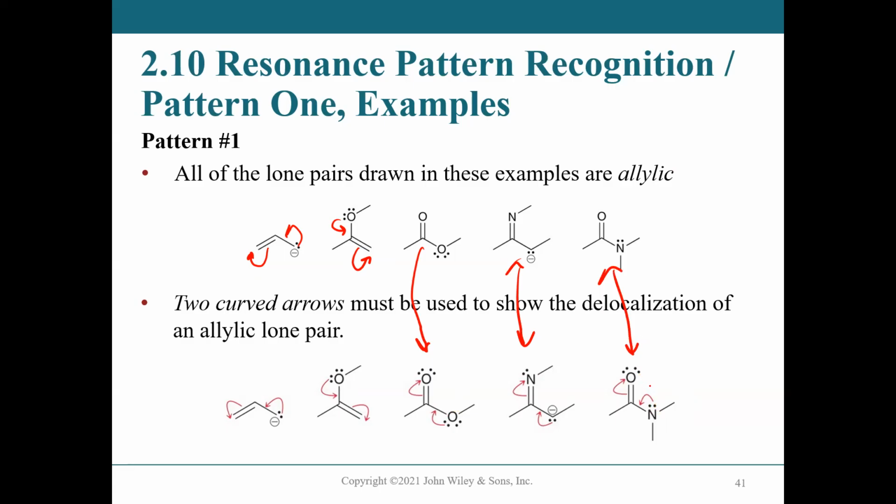So if they come here, no. Actually, I shouldn't do it like that. They're not showing it exactly like that. So if this comes here like this, for example, this one right here, you have this double bond here, and now you're just going to have that one lone pair, and that other lone pair is going to come up for this nitrogen.